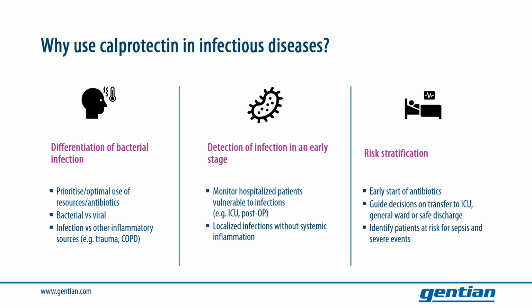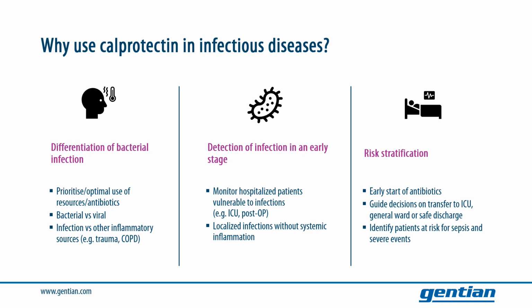In particular, identifying patients at risk for sepsis and severe events is crucial for early intervention and improved outcomes. Utilizing calprotectin can help with identification of patients who require closer monitoring, early initiation of appropriate antibiotics, and targeted interventions to prevent the progression to severe sepsis or septic shock.